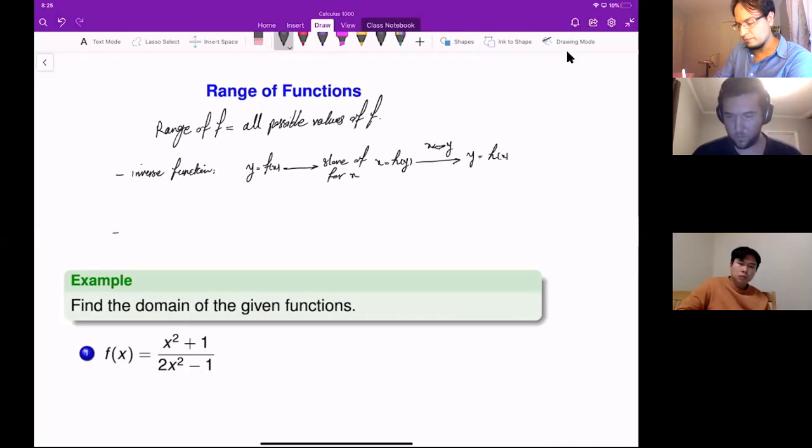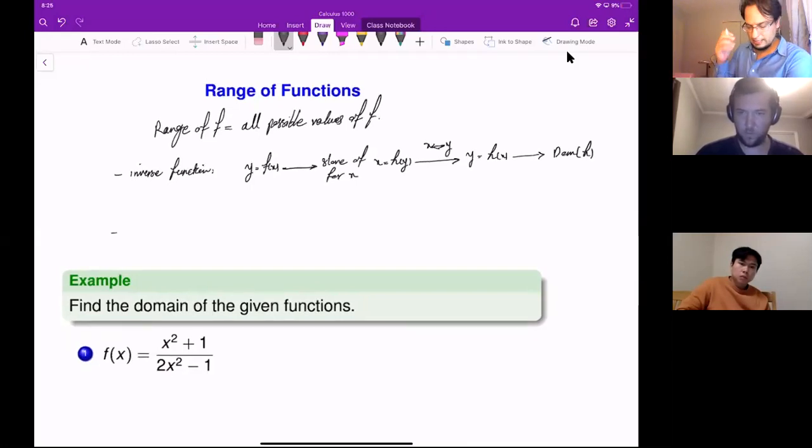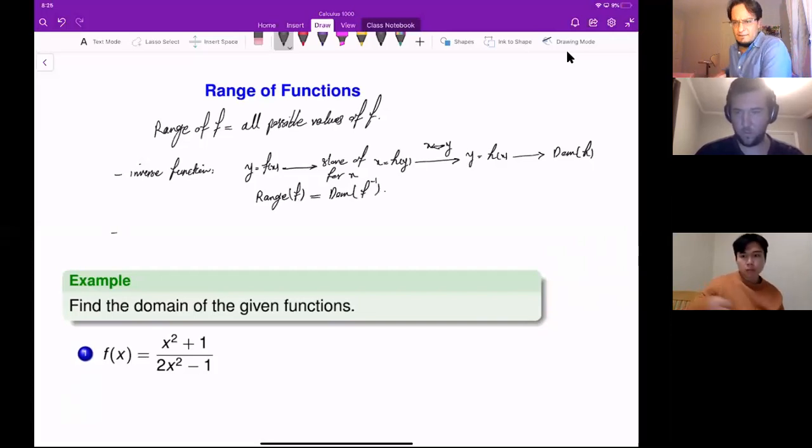And then from there, find the domain of h. So that way, the domain of h, which is basically the inverse, will be the range of my function. So let me just write it here. The range of the function f is the domain of its inverse, if it has an inverse.